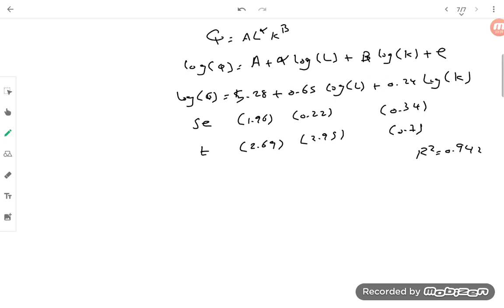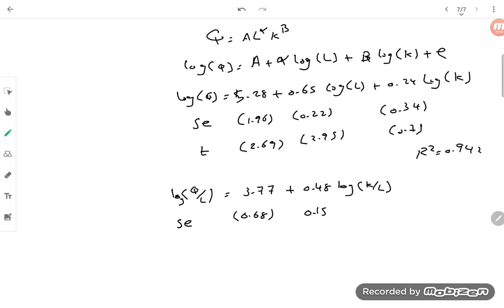So we can write our model after transformation like ln Q over L equals 3.77 plus 0.48, sorry, this is log K over L. Standard errors are 0.68 and 0.15.